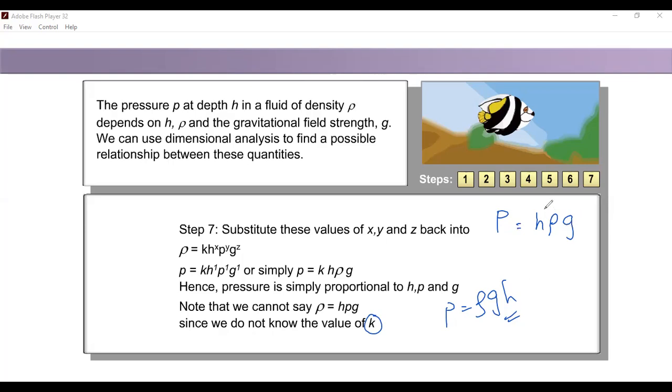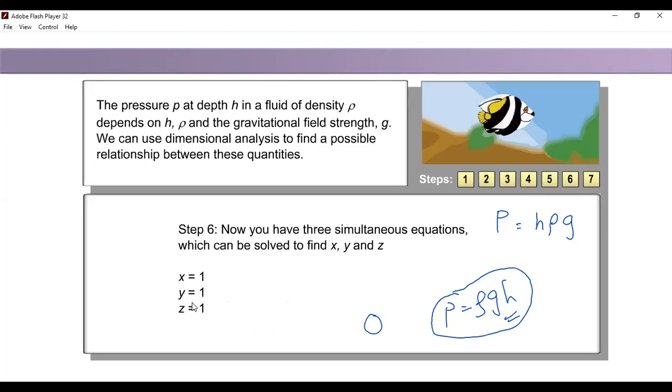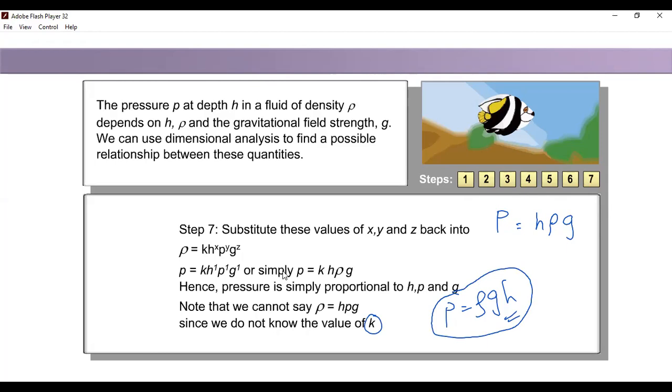Maybe sometimes it is H2, rho 3, G4, and so on, we don't know. But now we are sure that P is equal to rho GH, because what we calculated just now, all of them are 1. That means x is 1, y is 1, z is 1. So we use the dimension to check the equation.